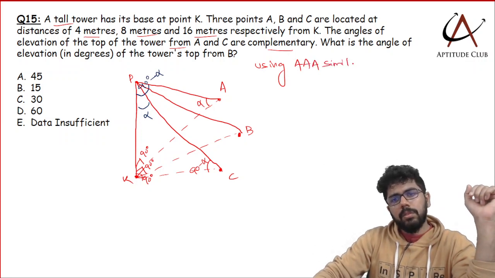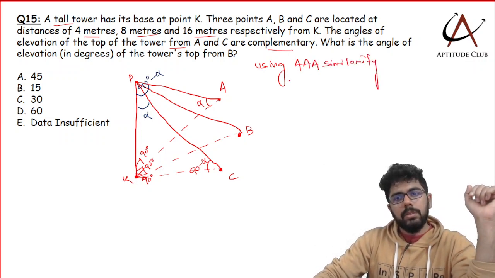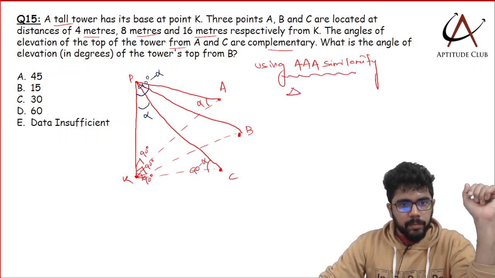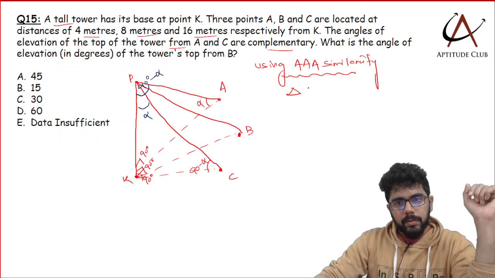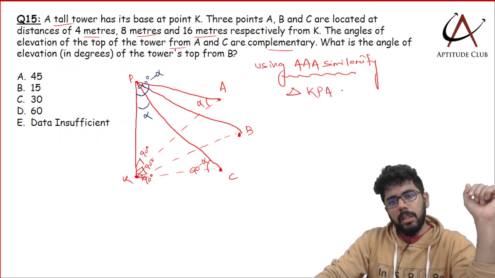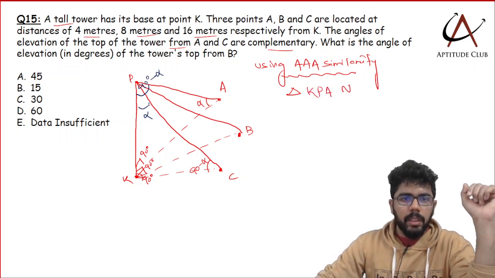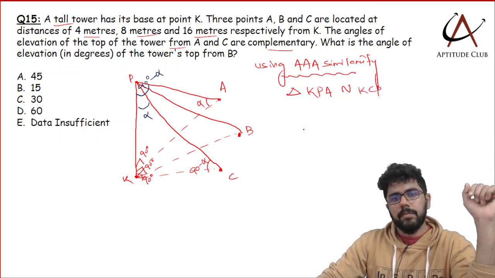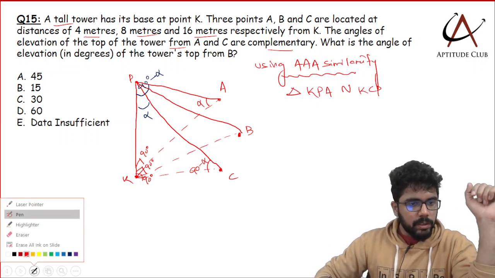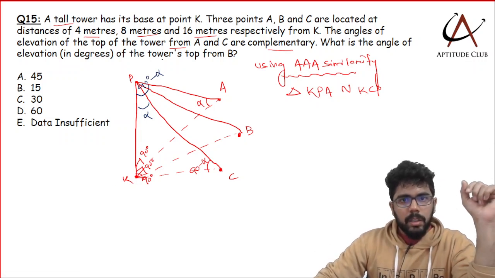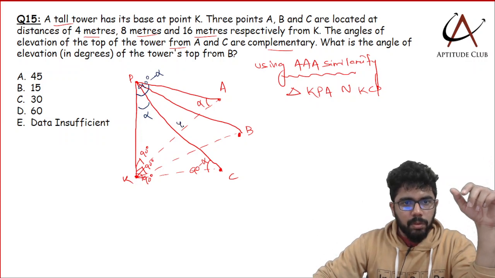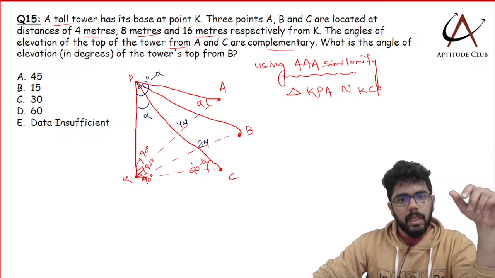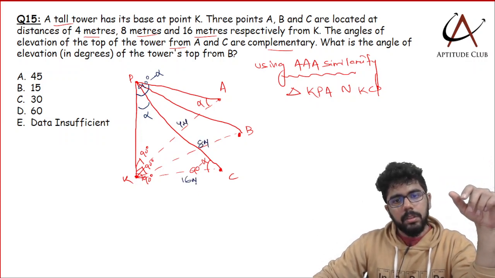Now using angle similarity, it is a right angle triangle, so most of the times you can just use similarity. Using angle similarity, triangle KPA is similar to KCP. Now let us write the distances given. A is 4 meters, B is 8 meters, and C is 16 meters.